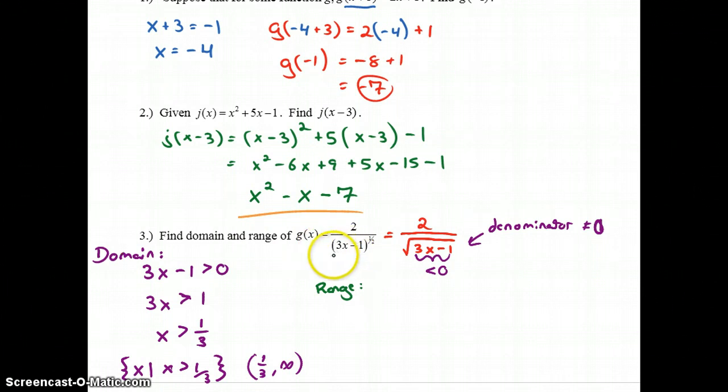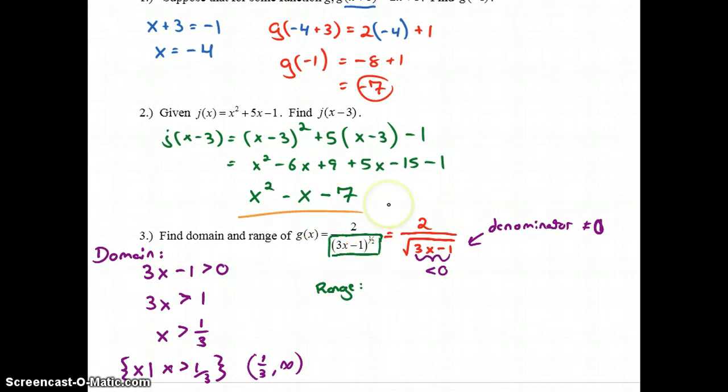Now, we already said that when you take the square root, you've got to take the square root of a positive number. So the denominator here is always going to be positive. If the denominator is always going to be positive, then the fraction is always going to be greater than 0. It can't be 0 because then that's sort of the denominator being 0, which makes it undefined.